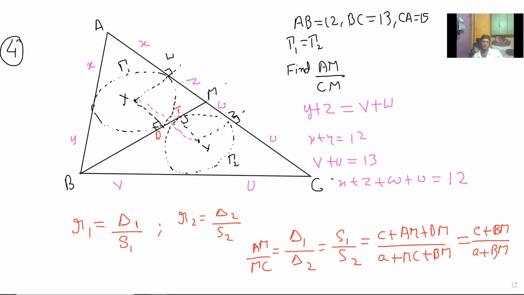One second. My mind is not working. But I think we can say that X, Y, Z, W is a rectangle, right?